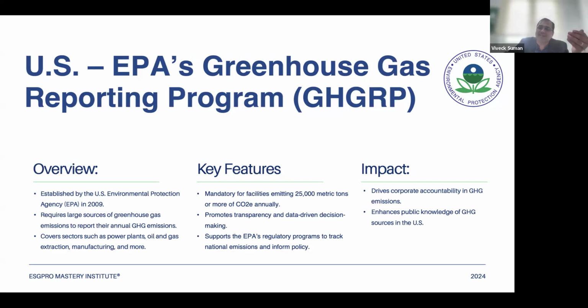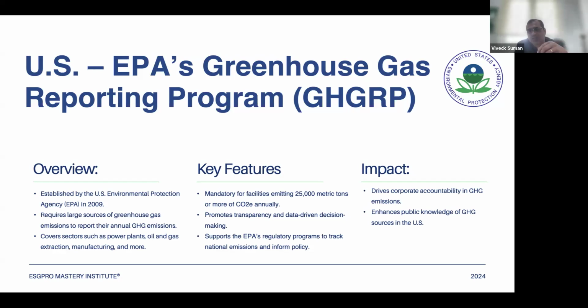Second, it promotes transparency and helps data-driven decision-making: where to control, what are my carbon hotspots, etc. Third, it supports the EPA regulatory program, which they have decided at a national level, and that program tracking can happen once corporates start reporting to it. Also, cap and trade is linked to it.